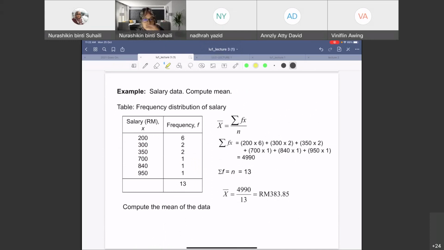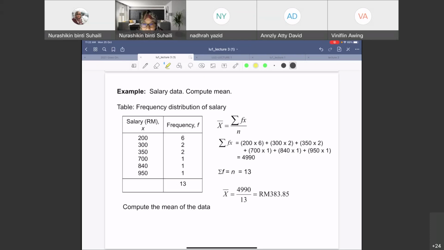You can see that for every level, 200, 300, 350, you don't have a class. A class means something with a range, but this one doesn't have a range, so it is an ungrouped frequency table. How are you going to solve for the mean in this case? X bar equals summation of fx divided by n.